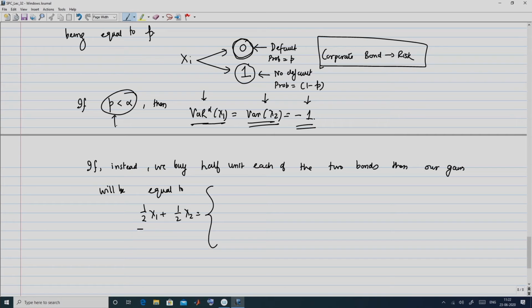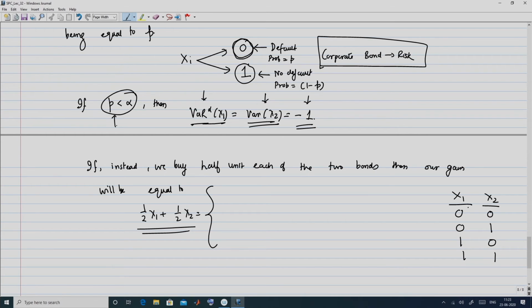Now, what are the values that this random variable can take? What can happen is, if I take x1 and x2, either x1 defaults and x2 defaults, that is one possibility. Or x1 may default but x2 does not default, or x1 does not default and x2 defaults, and you can have that neither of them default.